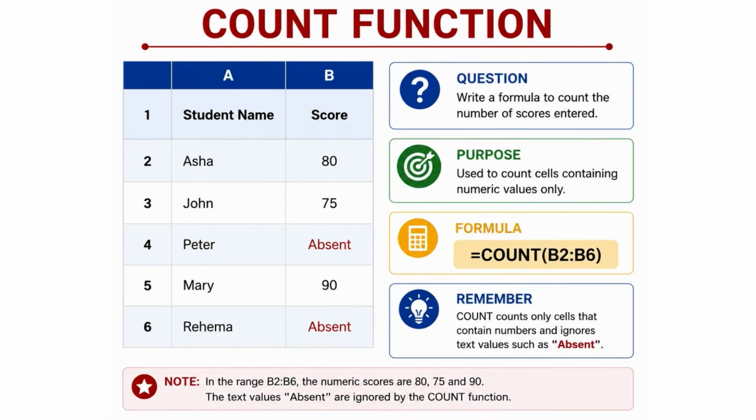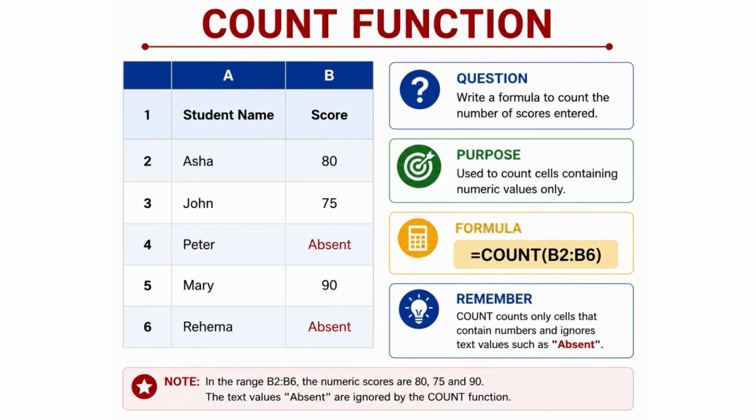The count function is used to count the number of cells that contain numeric values. In this example, we want to count how many scores have been entered. The scores are located in column B from cell B2 up to cell B6. Since we want to count the numeric values in this range, we use the count function.